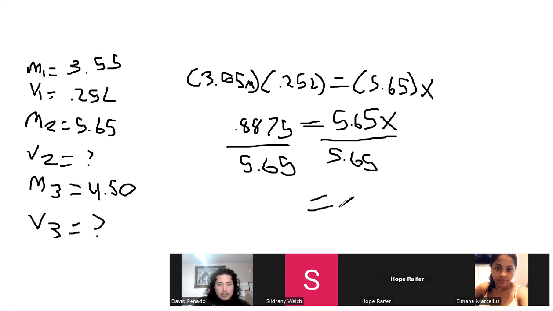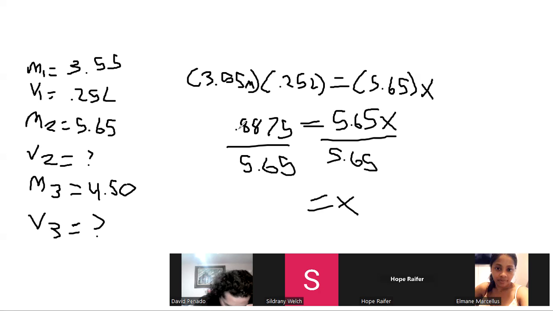All right, X equals 0.151079. Hold on, let me see, maybe I typed it wrong.